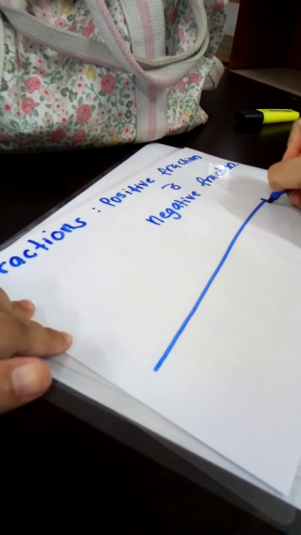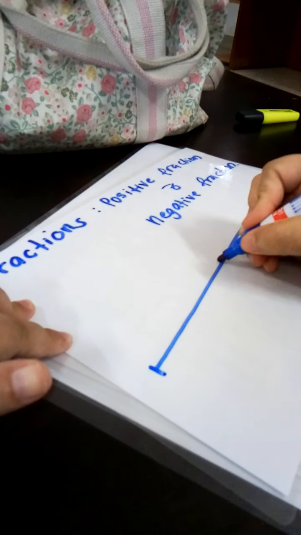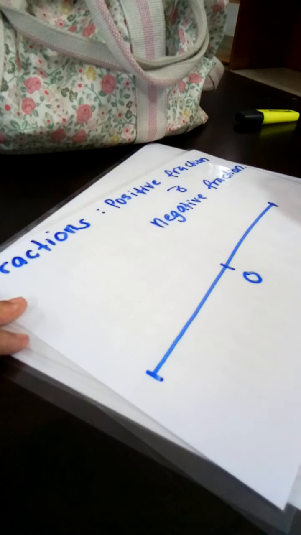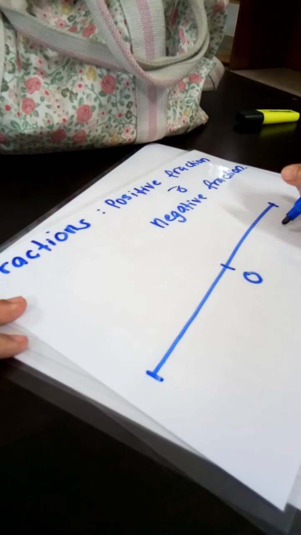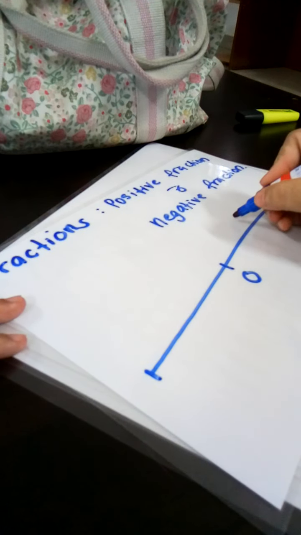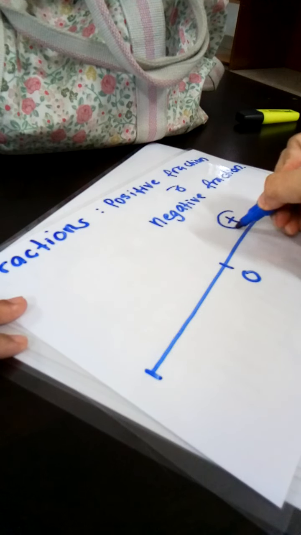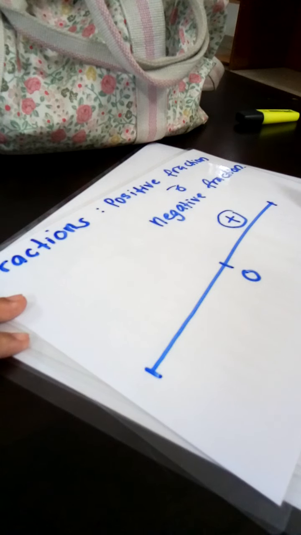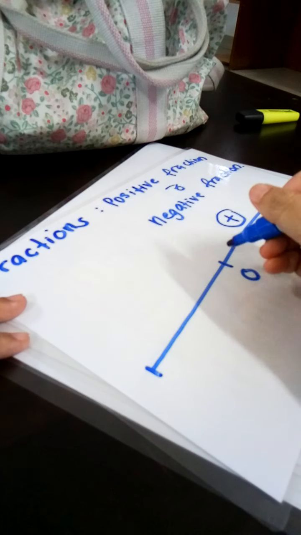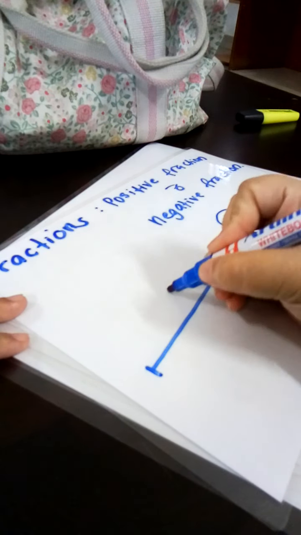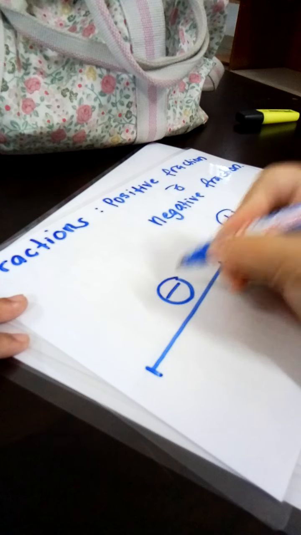If there's a zero in the middle, those numbers on the right of the scale are positive numbers, whereas those on the negative part of the scale will be negative.